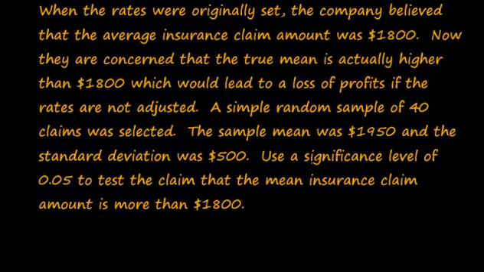Okay, let's note some of the information we've been given. We are to use an alpha of 0.05 to test our claim. We've been given the sample mean of $1,950, a sample standard deviation of $500, and our sample size was 40.